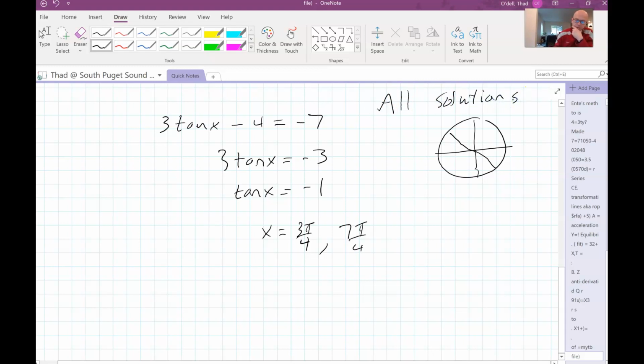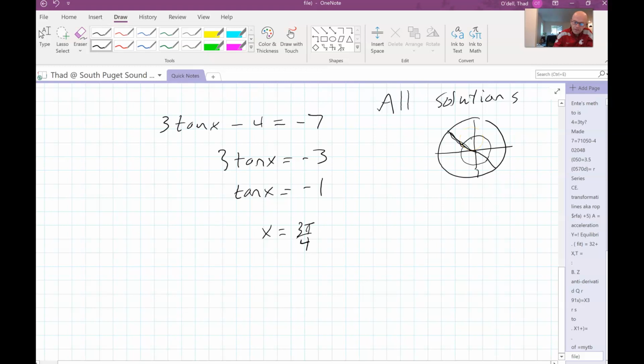Now with tangent, notice that tangent repeats itself every pi instead of every 2 pi. So in this case, if I'm looking for all solutions, I don't really need to write more than one, because notice if I choose 3 pi over 4, if I add pi to that, it takes me to the next answer. If I add pi again, it takes me to the next one.